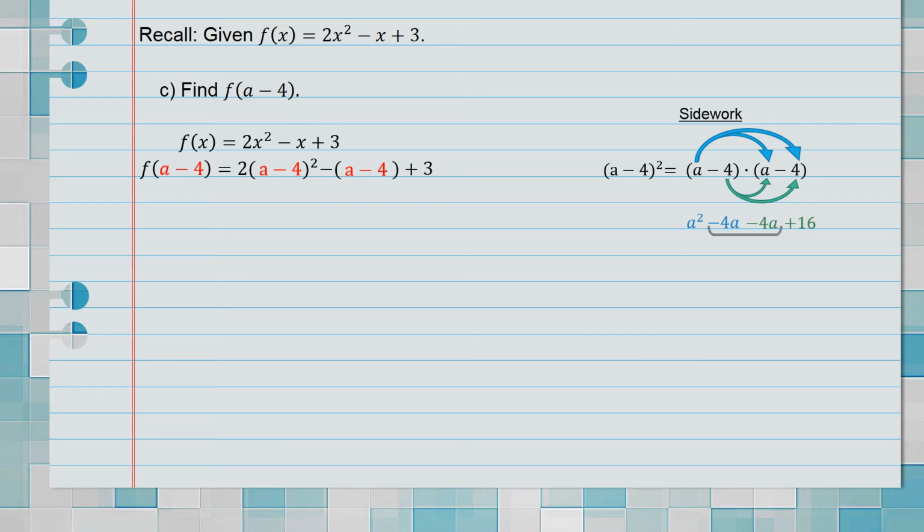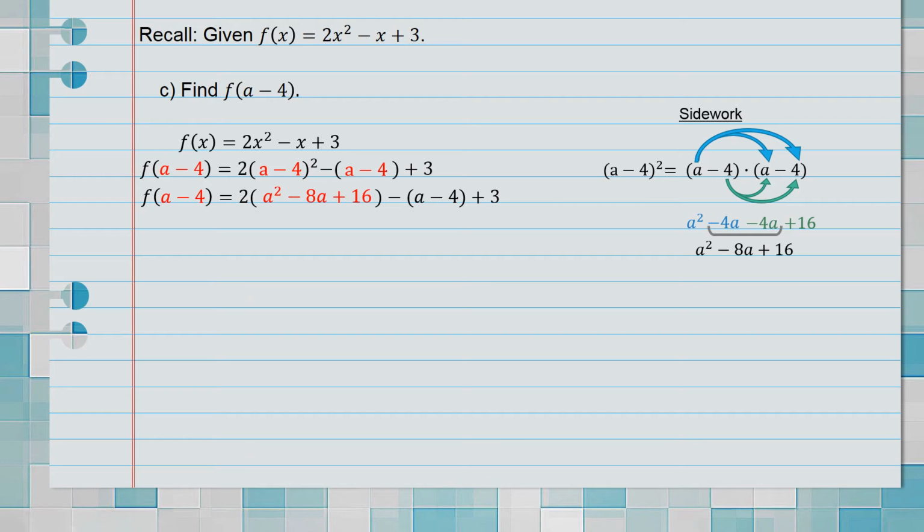Well, notice your middle terms, negative 4a and another negative 4a combine to give you a negative 8a. So in place of a minus 4 squared, we now have the value of a squared minus 8a plus 16. And everything else stays the same.